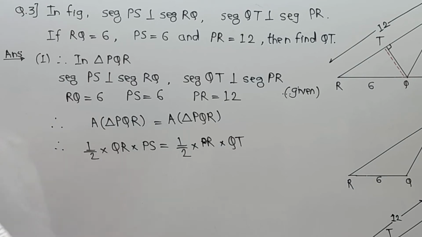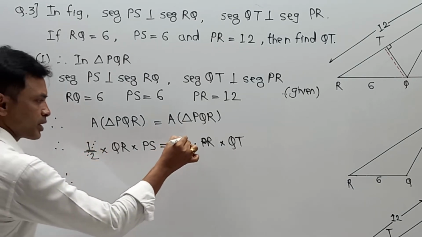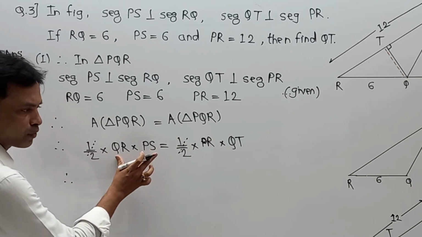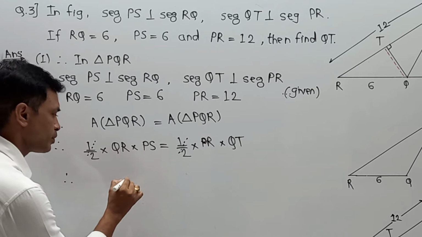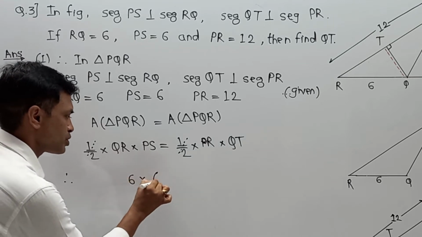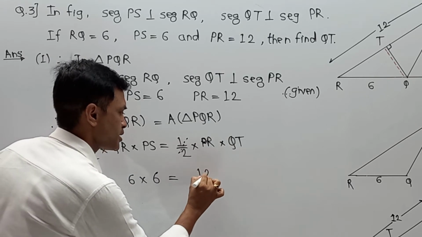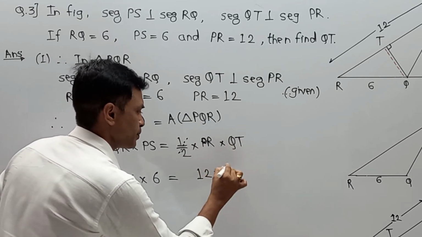Now simplification of this part. Here in the first step, half gets cancelled with half. QR into PS. So the value of QR into PS from the diagram is 6 into 6, equal to PR, which they have given us as 12, into QT.